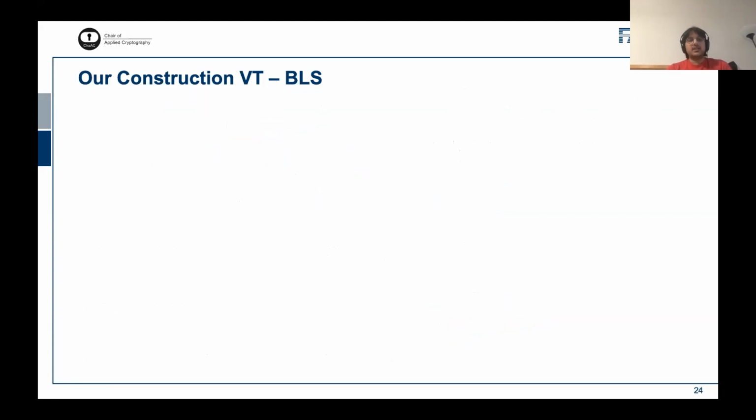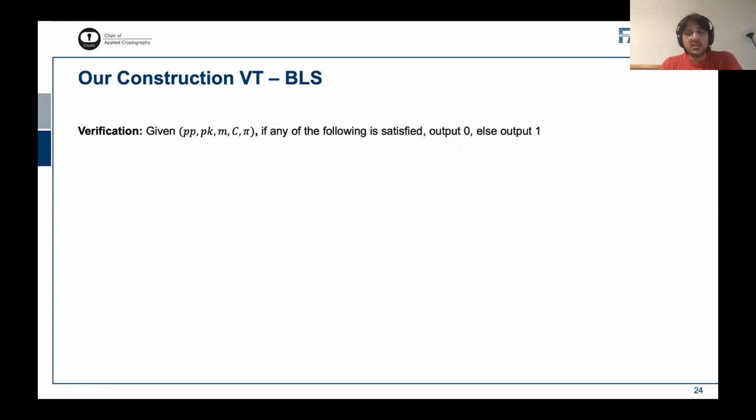Now for verification, if any of the following conditions is satisfied, you output 0. If the public key is not correctly formed with respect to the public key shares, note that the proof pi has all the public key shares, so you can check whether these public key shares are correctly formed with respect to PK.